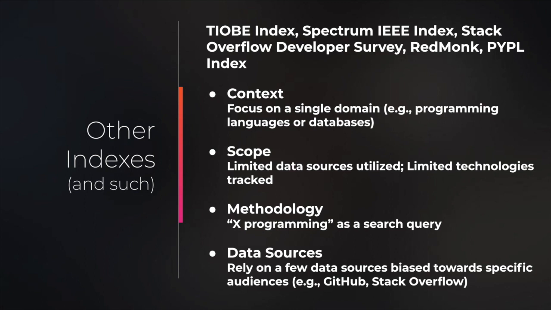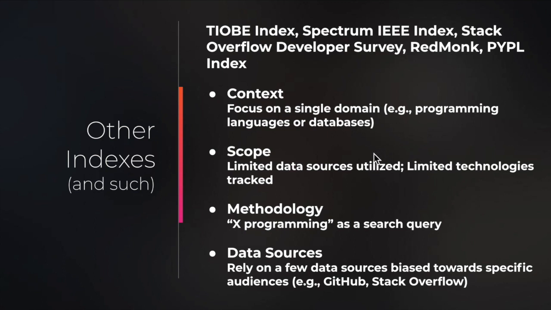Because those are going to be pretty decent reads on programming language popularity. On the other hand, if you're doing a contextual index like the technology index is, then you need to use more data sources, if you're trying to compare technologies in different domains to each other.